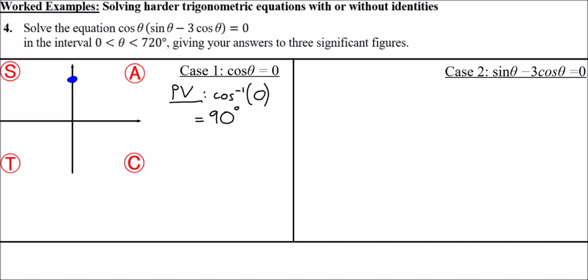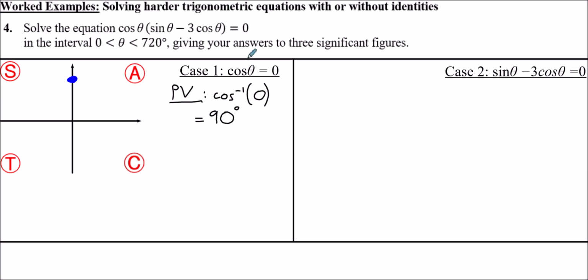This is where thinking about the graph of cosine is useful. Cos theta equals 0 every 180 degrees, not every 360. So there's also going to be a solution down here as well. I'm going to explain this in a different way.